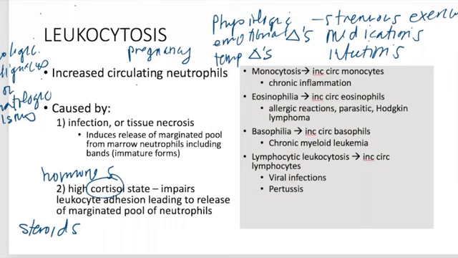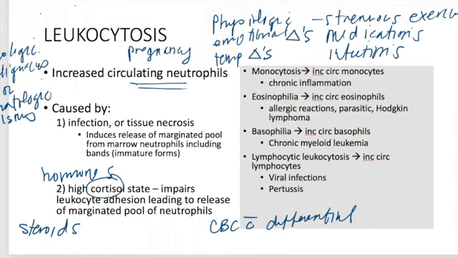When we're looking at leukocytosis, if you suspect an infection, you need to get a differential. We usually assume that leukocytosis is increased circulating neutrophils. Your differential is going to confirm that, as well as tell us if there are any other associated rises in your monocytes, eosinophils, basophils, or lymphocytes.